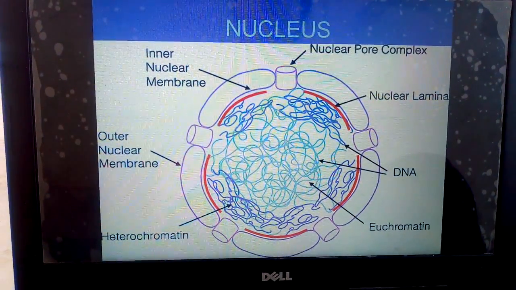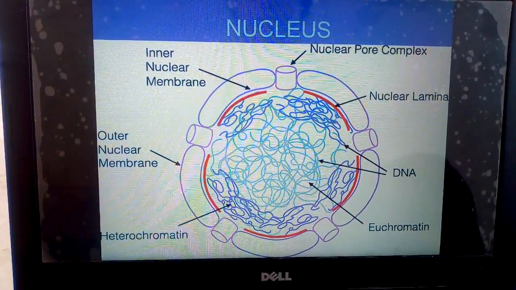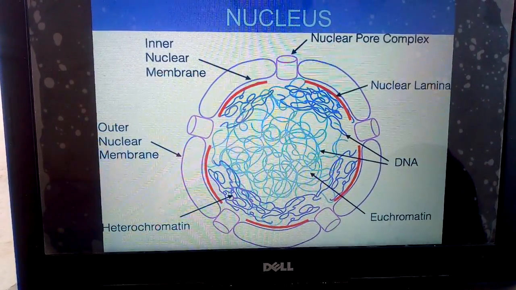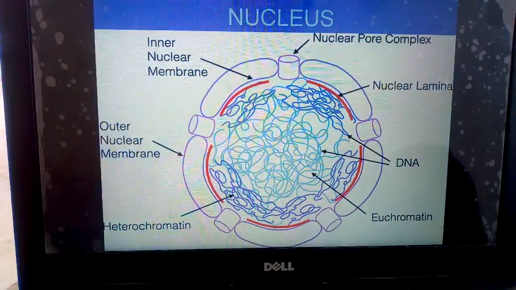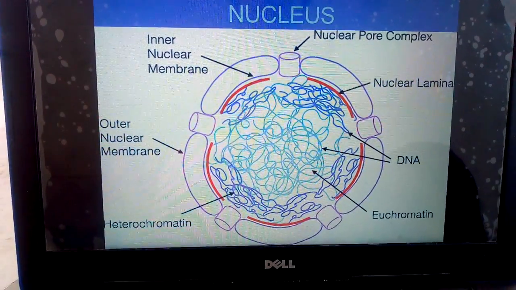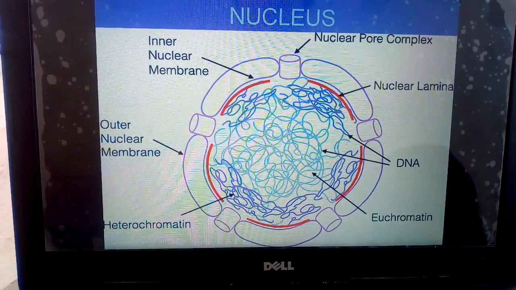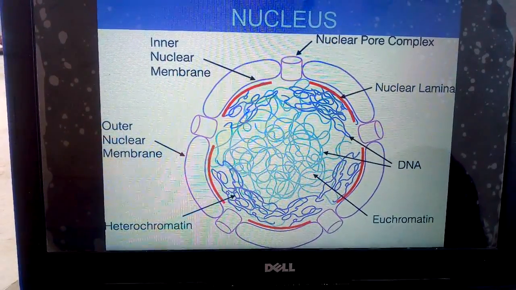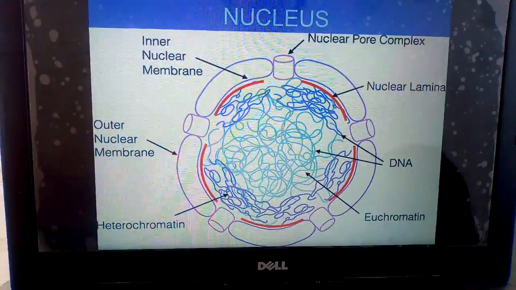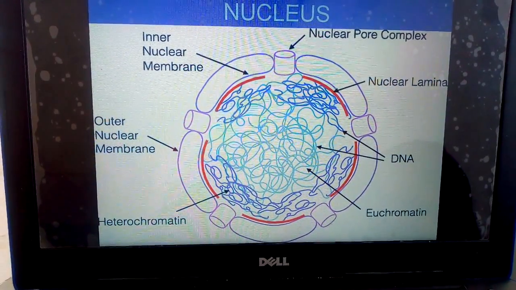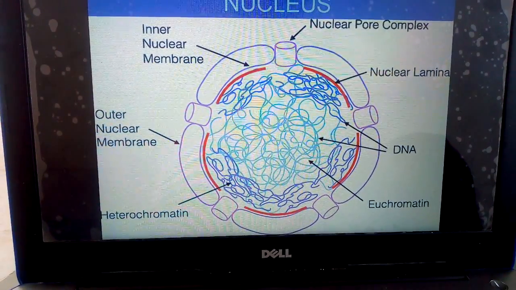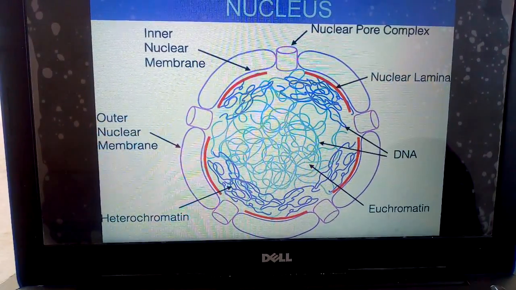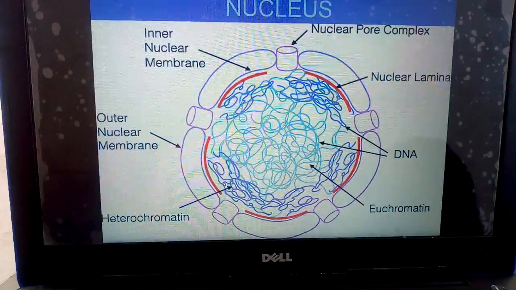Now the third most important part is the nucleus. As we can see in this diagram, the nucleus is surrounded by a double layer membrane which has pores. This double layer membrane is known as the nuclear membrane, and the pores in the nuclear membrane are known as nuclear pores. Inside the nucleus there is a jelly-like matrix like the cytoplasm, and this matrix is known as nucleoplasm.